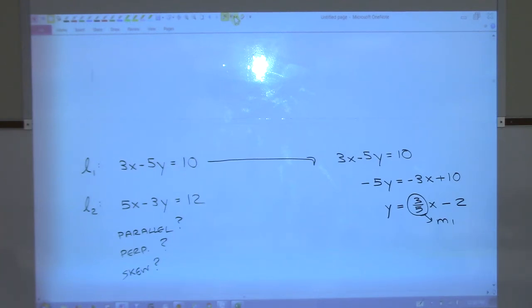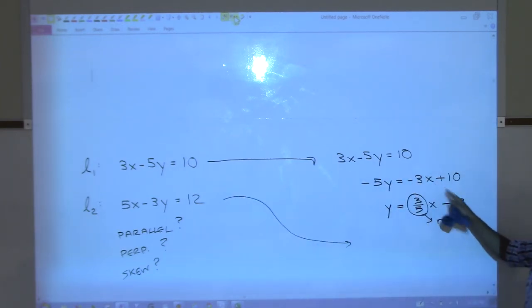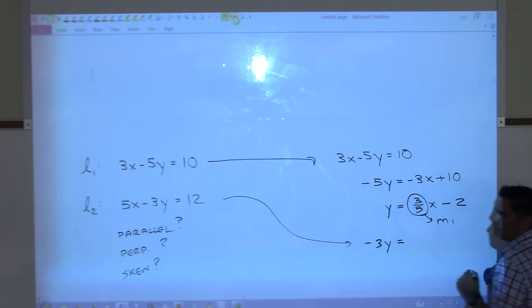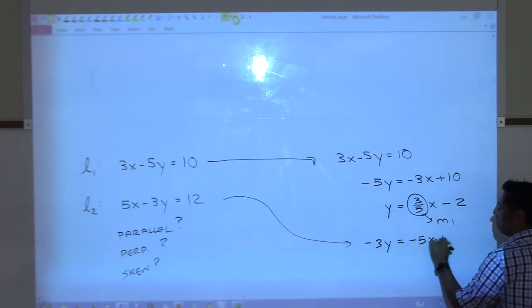Victor. Okay, Victor. So how about on the second line? What would be your first step to get it to look like y equals mx plus b? You would move the 5x. Move 5x, so it would be -3y equals what? Negative 5x plus 12. Then what?